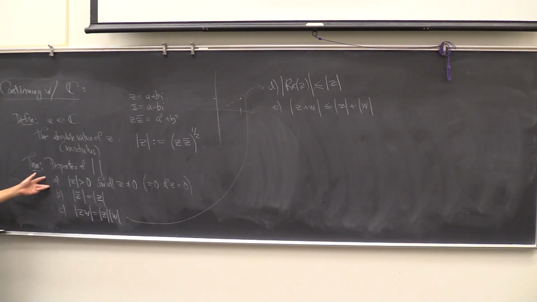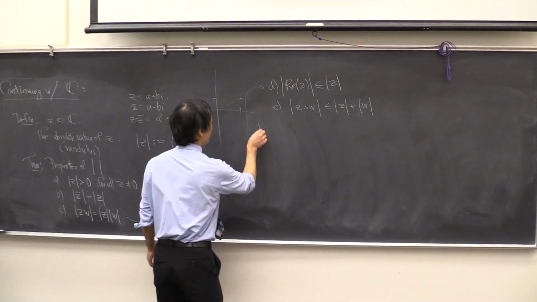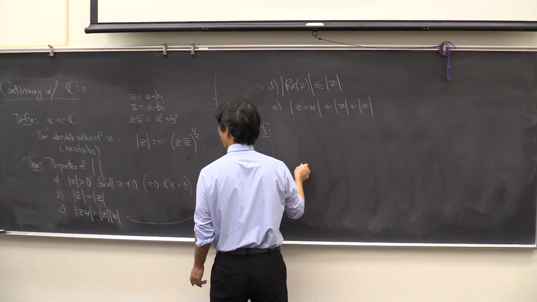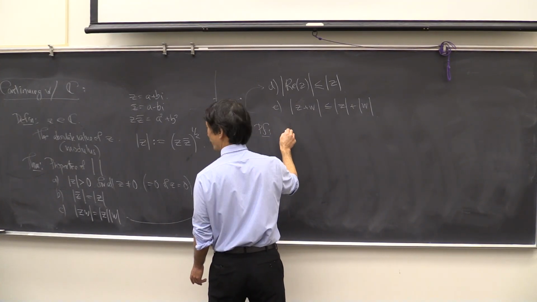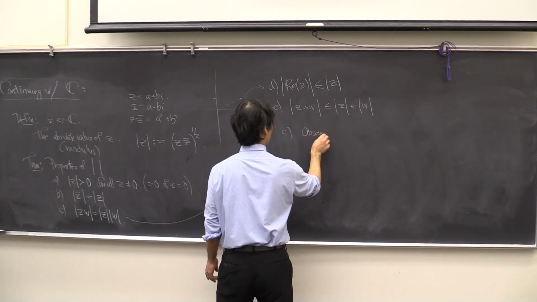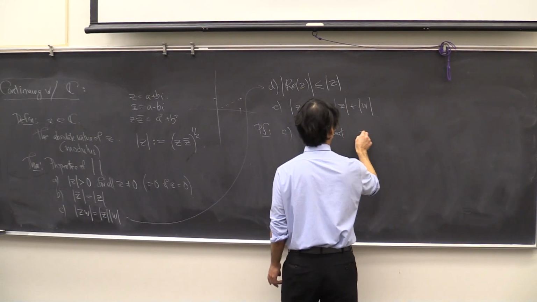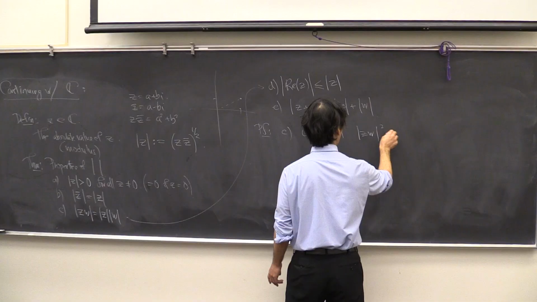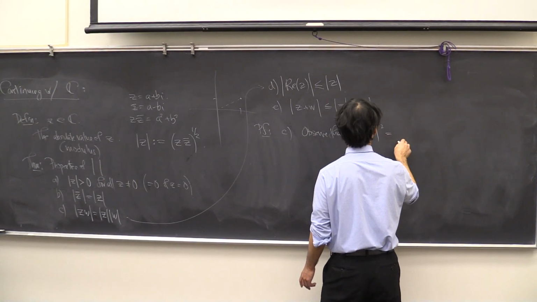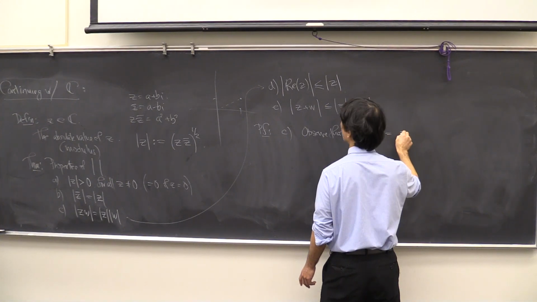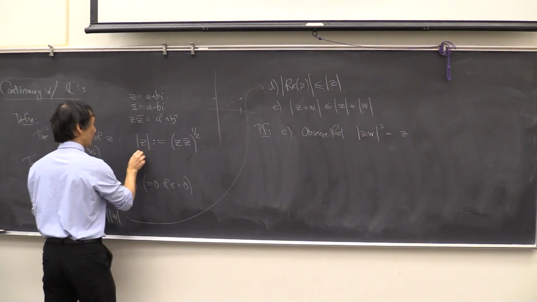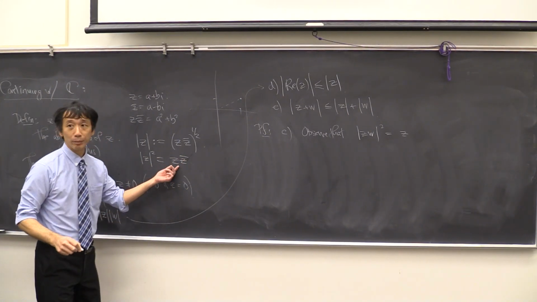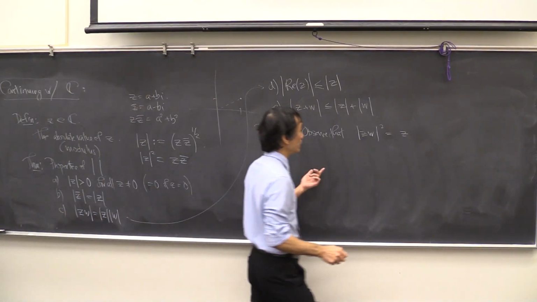Okay, the first two are pretty straightforward. The third one kind of has a cute proof. Observe that if I take this thing squared, the square of the modulus is just the product of the point against its conjugate, right?